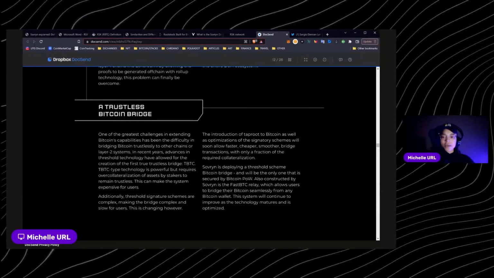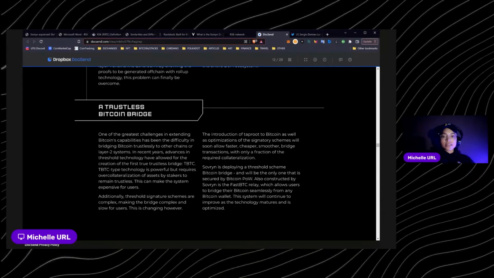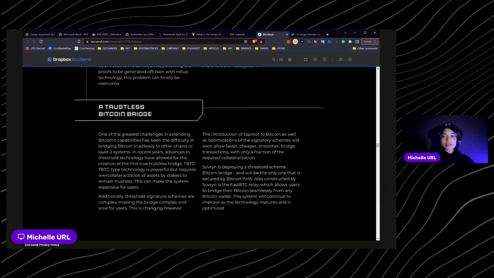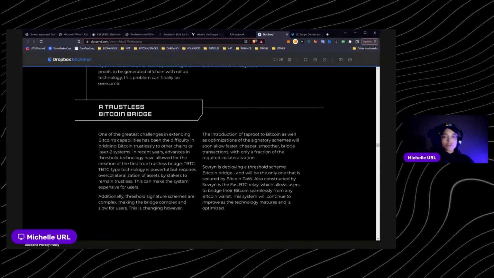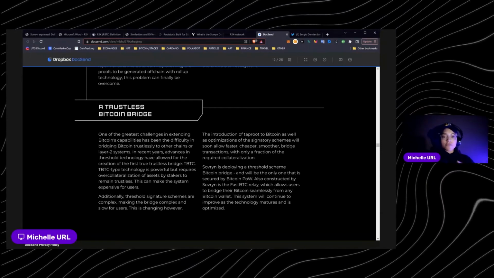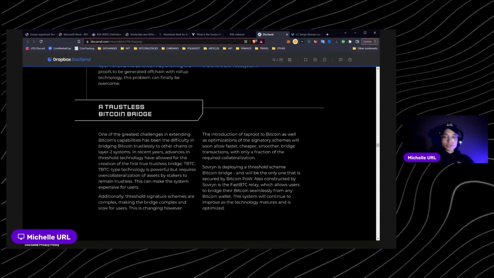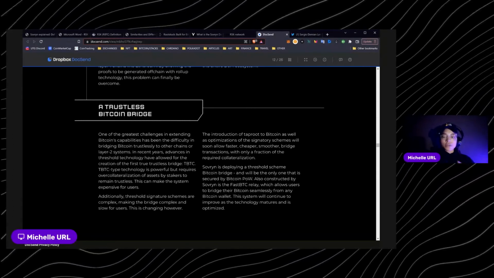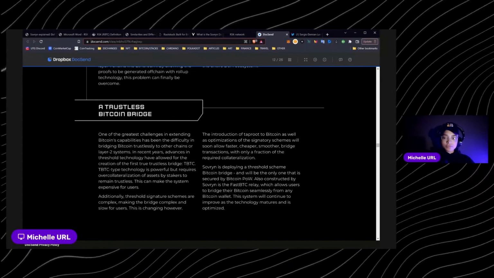This is changing, however. The introduction of Taproot to Bitcoin, as well as optimizations of the signatory schemes, will soon allow faster, cheaper, smoother bridge transactions with only a fraction of the required collateralization.